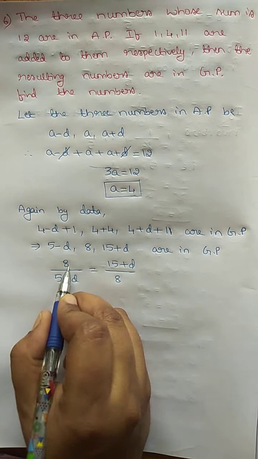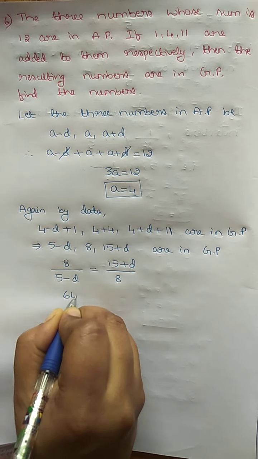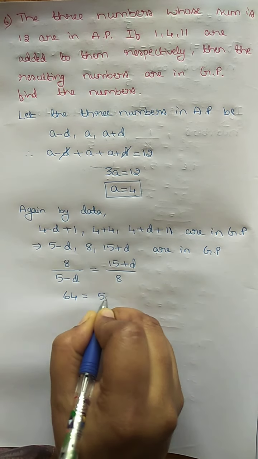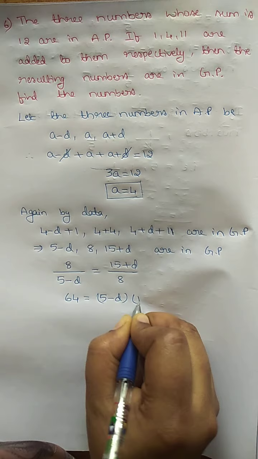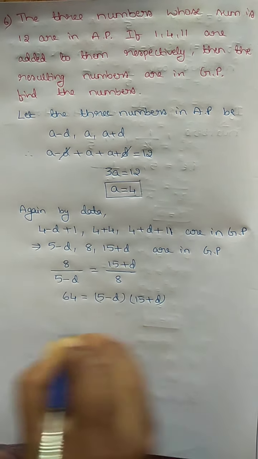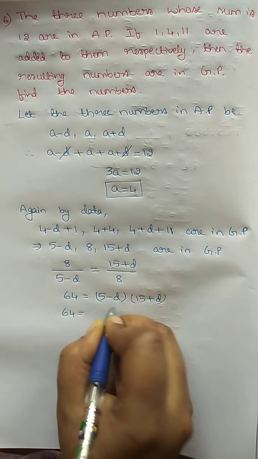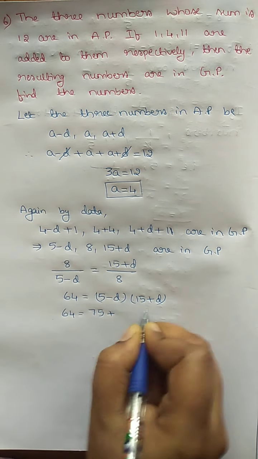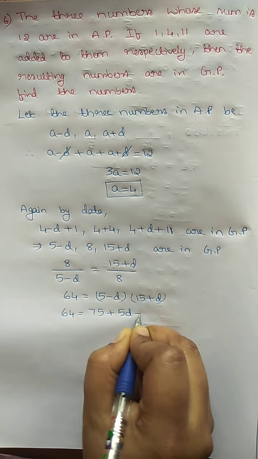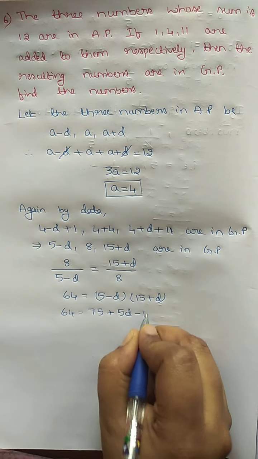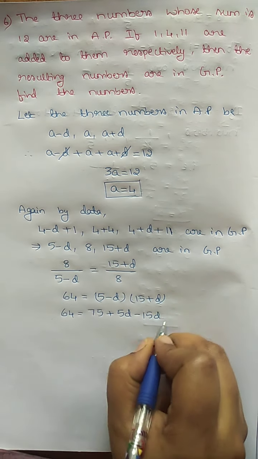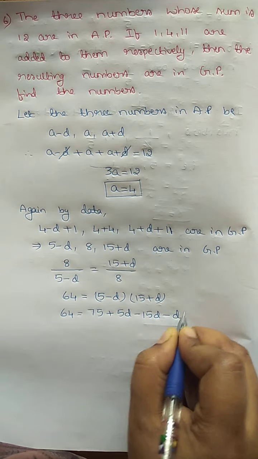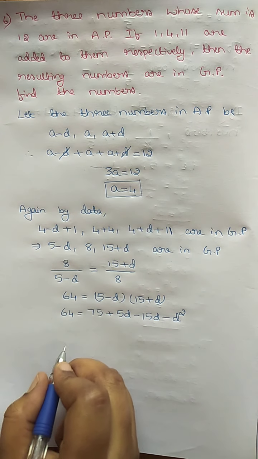8 by 5 minus d equals 15 plus d by 8. Cross multiplication: 8 into 8, 64, equals 5 minus d into 15 plus d. 64 equals 5 into 15, 75, plus 5 into d, 5d, minus d into 15, minus 15d, minus d into d, plus d square.